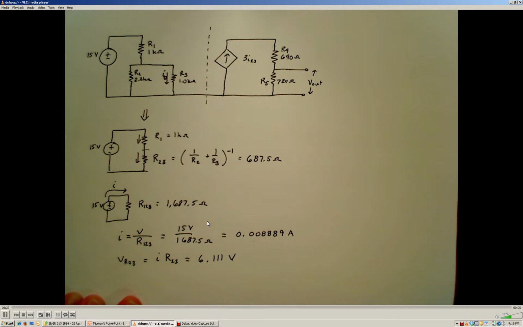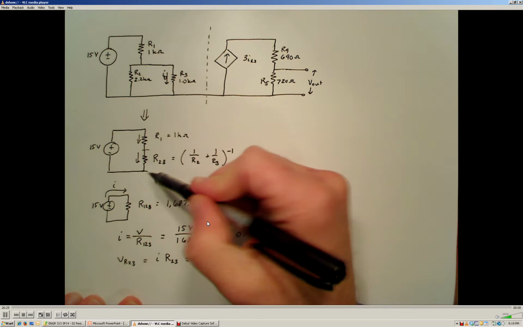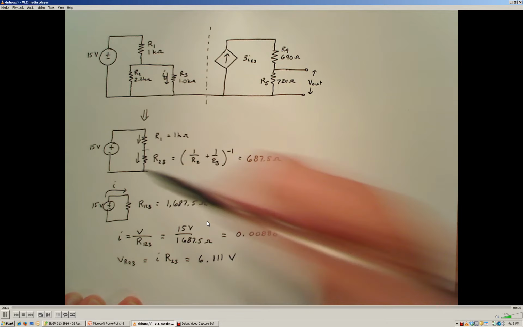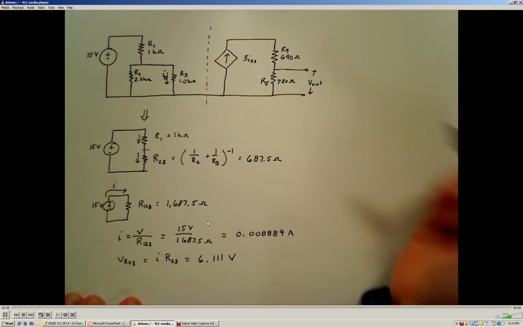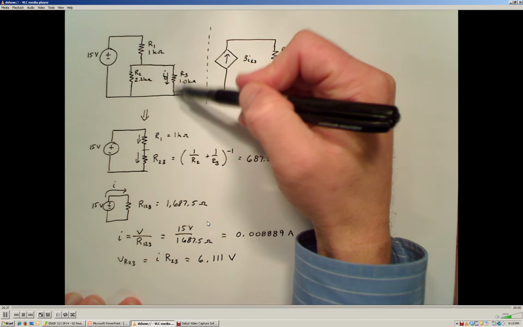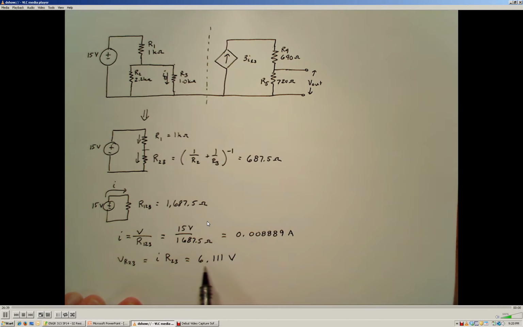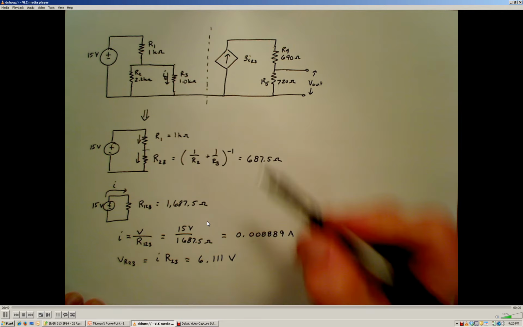Now that we know the voltage developed across the R2,3 equivalent, since R2 and R3 are in parallel with each other, we know that the potential difference across R3 also has to be 6.11 volts. With that information in hand, we can calculate how much current passes through resistor R3.